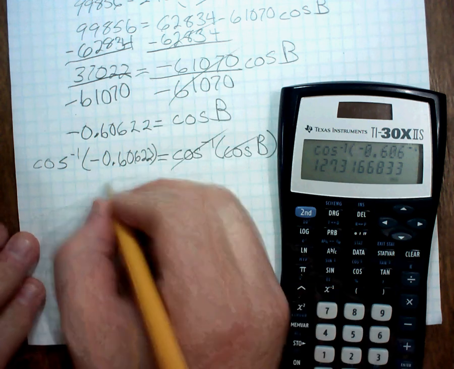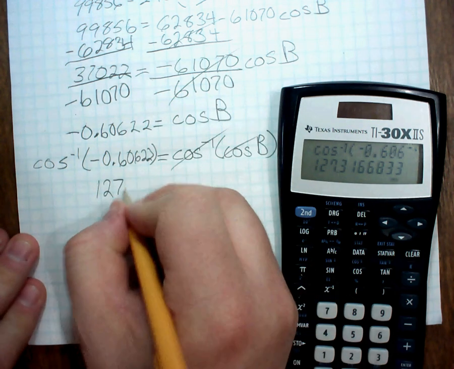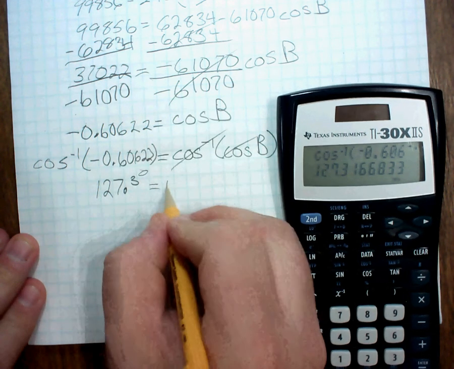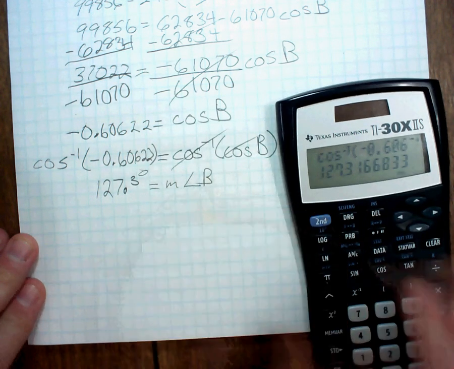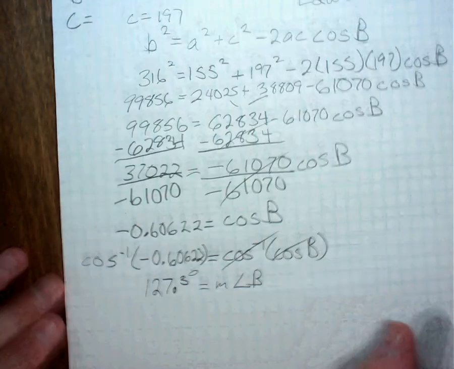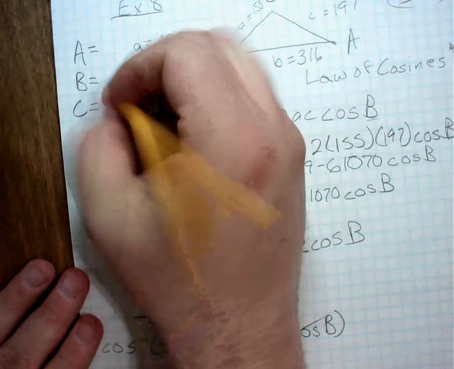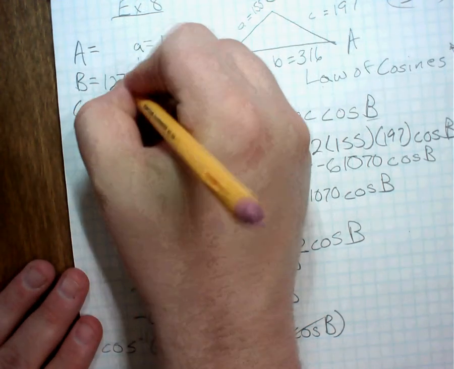Yep. So 127.3 degrees is the measure of angle B. Whew, that was a lot of work. So I did all that work so I could say that the measure of angle B was 127.3 degrees.